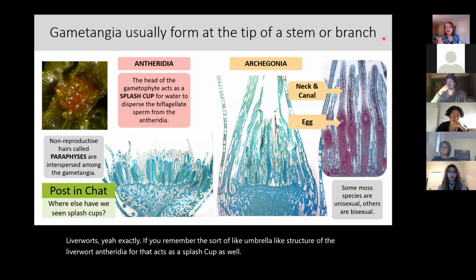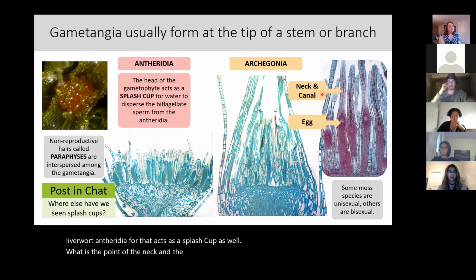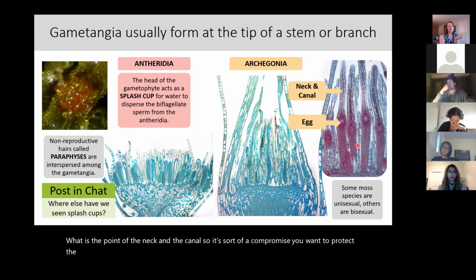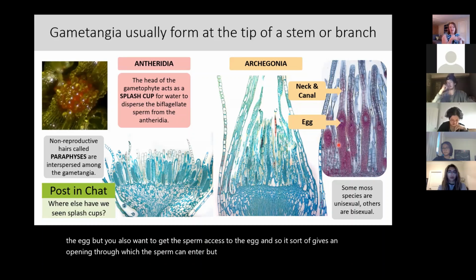What is the point of the neck and the canal? So it's sort of a compromise. You want to protect the egg, but you also want to get the sperm access to the egg. And so it gives an opening through which the sperm can enter, but it keeps other things away from the egg.